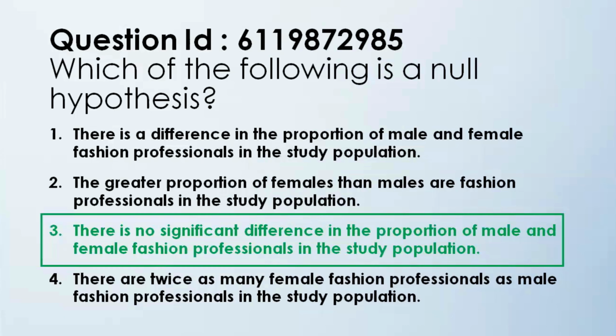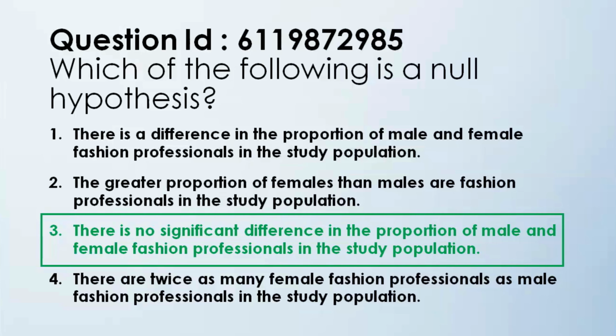If you look at it, the second part of all the four statements is immaterial here because we want to find out which one is the null hypothesis. So always look at how the statement begins. The first one says there is a difference in the proportion. The second one says the greater proportion of females than males. And the last one says there are twice as many female fashion professionals.